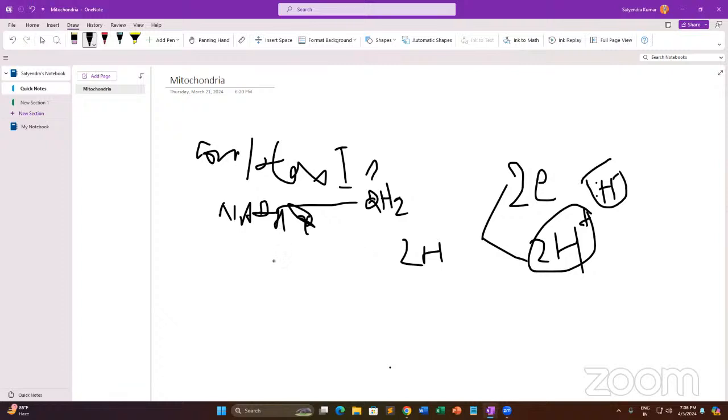Because the electron flow has a problem: this NADH dehydrogenase contains iron sulfur protein and consists of 15 polypeptide chains with 6 iron sulfur proteins, and it transfers the electrons to ubiquinone. Rotenone inhibits the transfer of electrons from NADH, particularly from the iron sulfur protein, that is the FeS.